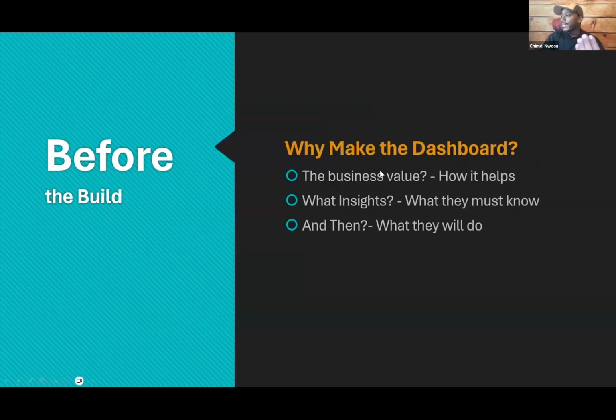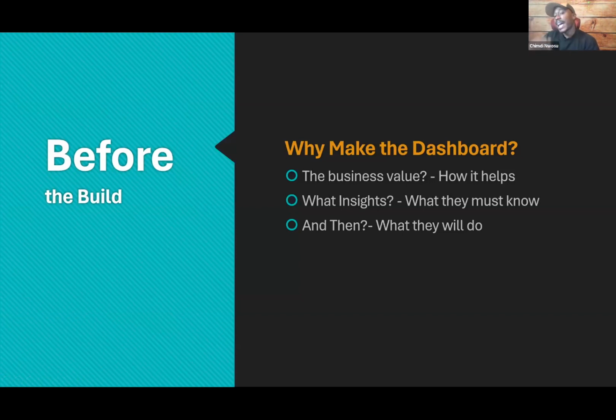So going deeper into that, when we think about why we're building the dashboards, we need to first assert what is the business value that we need in this dashboard? Meaning, why are you going to build this dashboard? How is it going to help the company? What are they going to use it for? What type of insights are we going to put in this dashboard? Meaning, for these people, based on the job they're doing, what kind of information do they need?